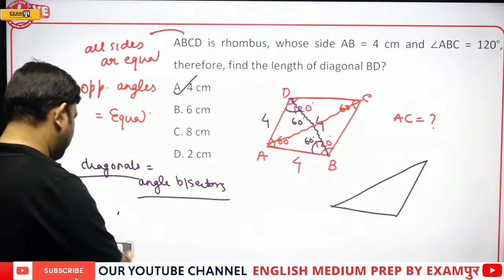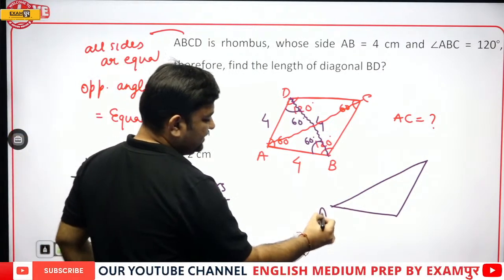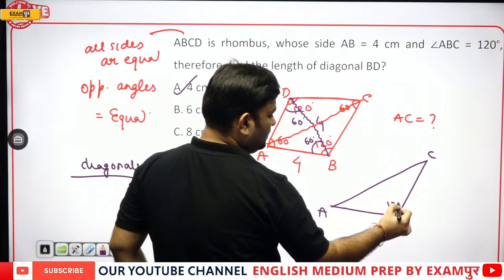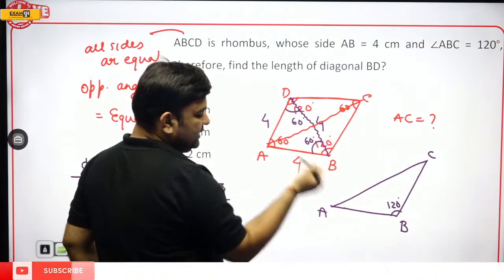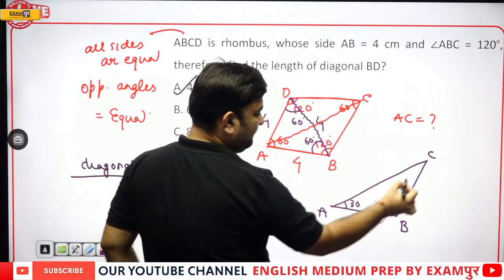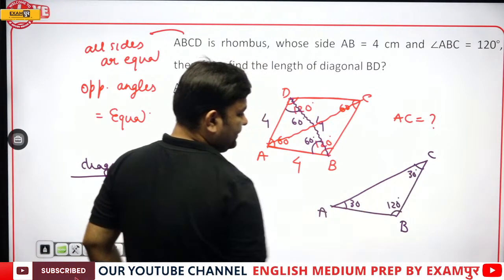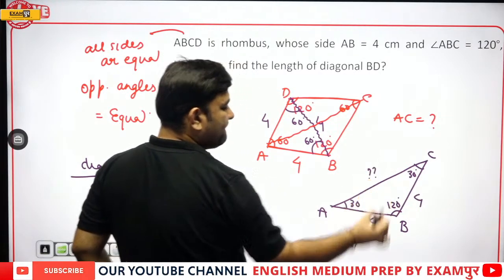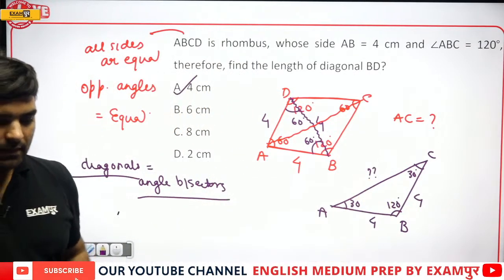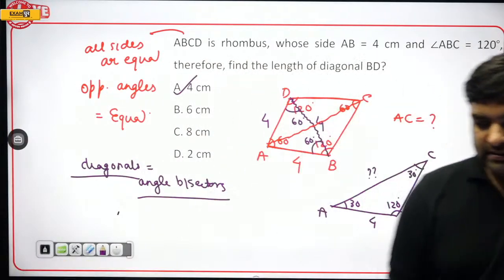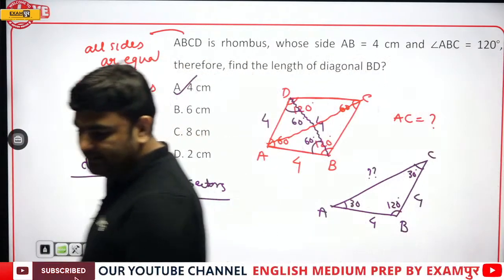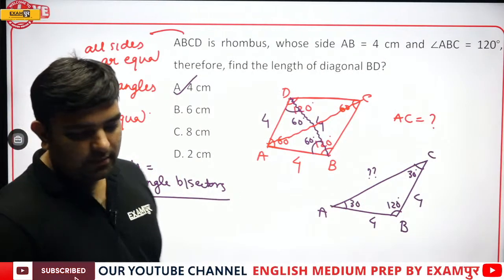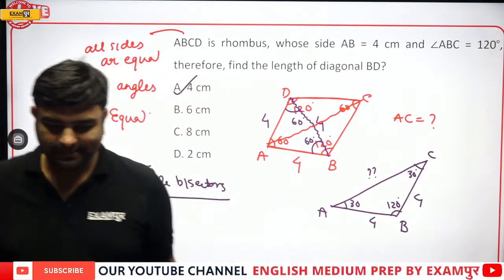Diagonals are angle bisectors. 60 splits into two equal parts, 30 each. This is 4, this is 4. I'm asking you, how can you find this?